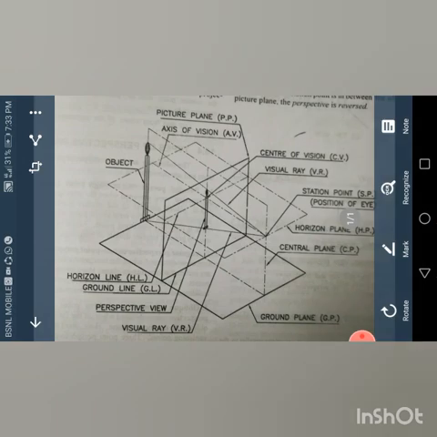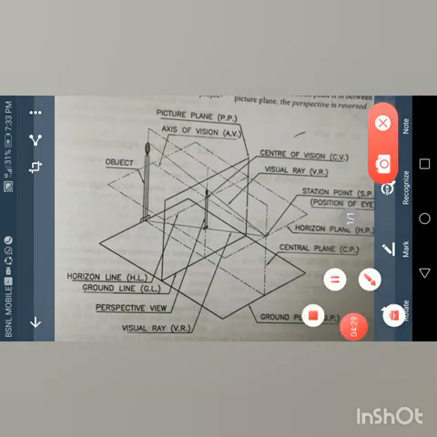Now another point is center of vision. Center of vision, where the axis of vision intersects the picture plane, is called center of vision.